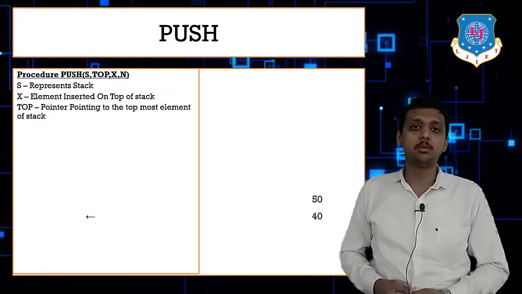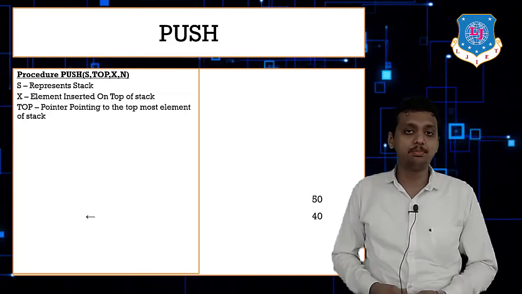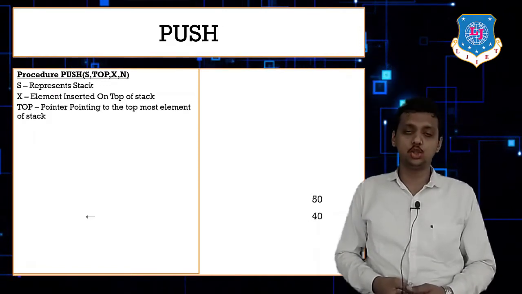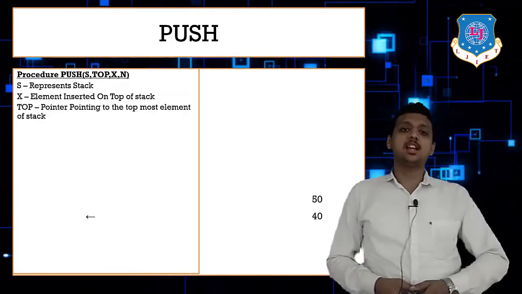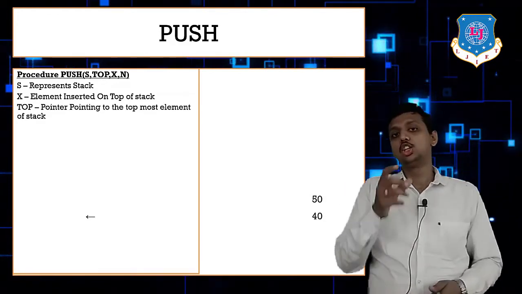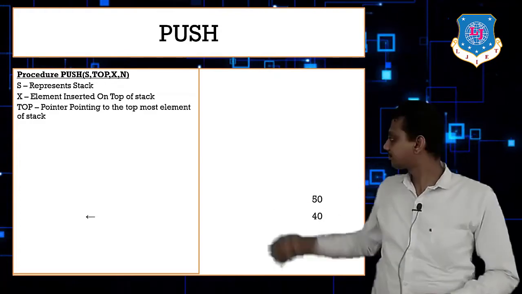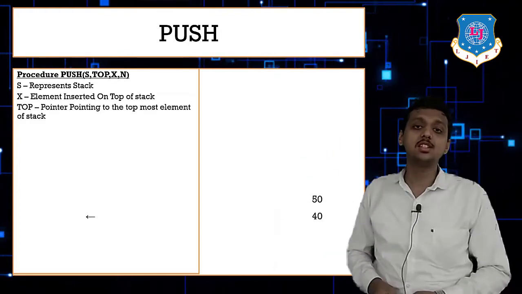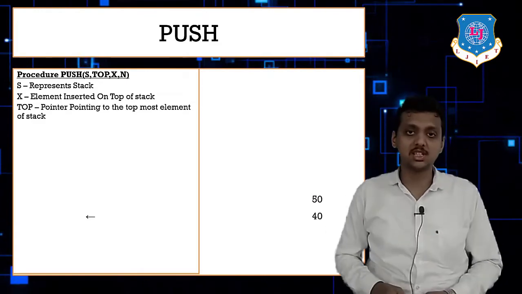Push is our algorithm name, same as the function name, and the next are the parameters of the push algorithm. Students, S represents the stack. Then top: whenever you have a stack, you must have a top pointer. The top represents the top pointer, which points to the topmost element of the stack.